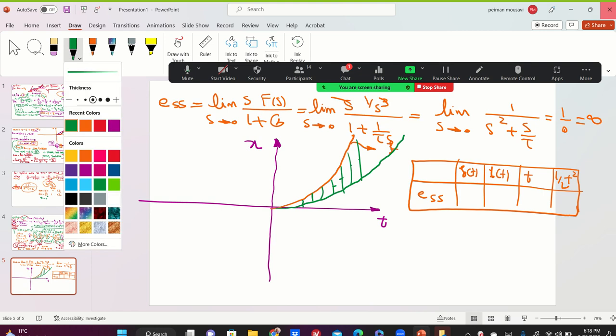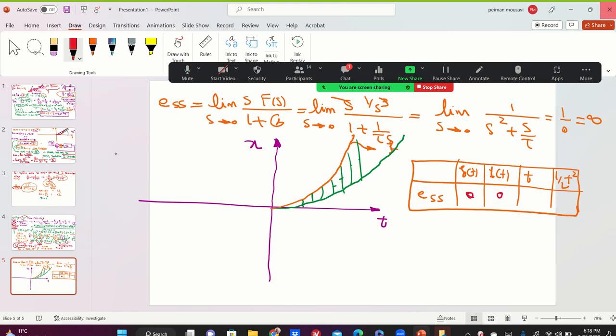You can easily say error signal is 0, 0, tau, and infinity. So you see that after this point, your first order system needs what? Controller. To make the error signal 0.